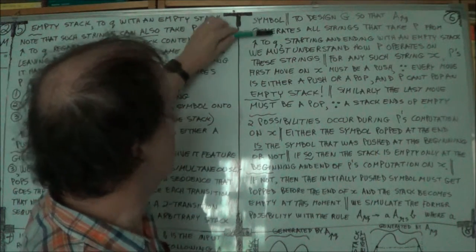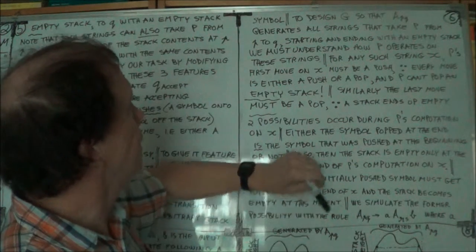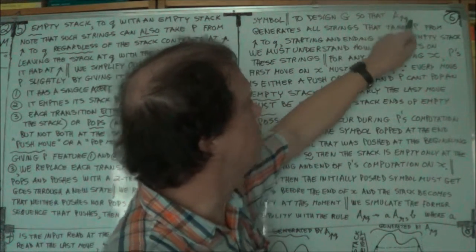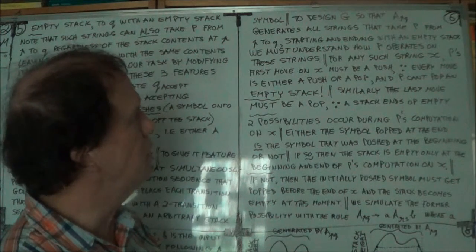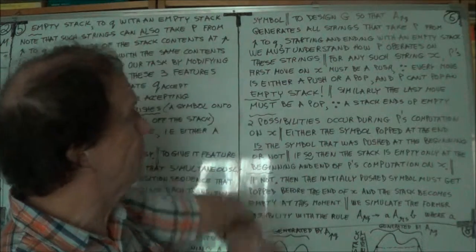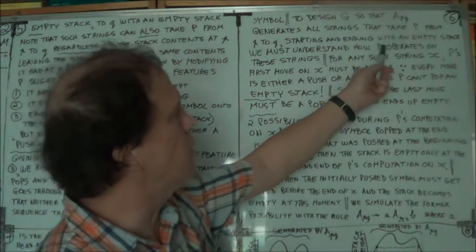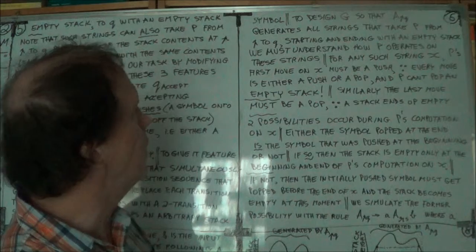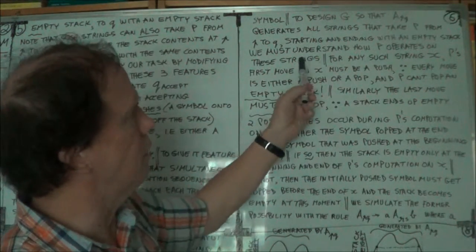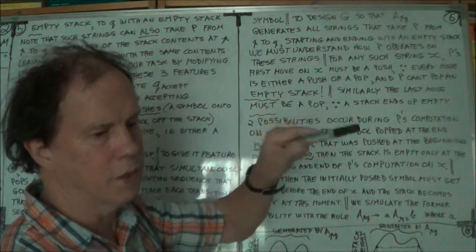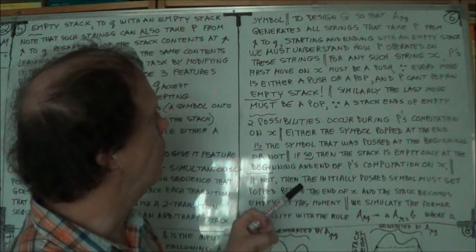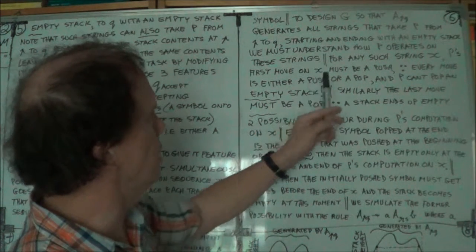Right, so that's what's being said here. Now, to analyze these variables further, we need to focus a bit more attention on what the machine, the automaton P, is doing when it's operating on these strings. Right? It's an automaton. It's looking at the string symbol by symbol. Okay. And now what's it doing?